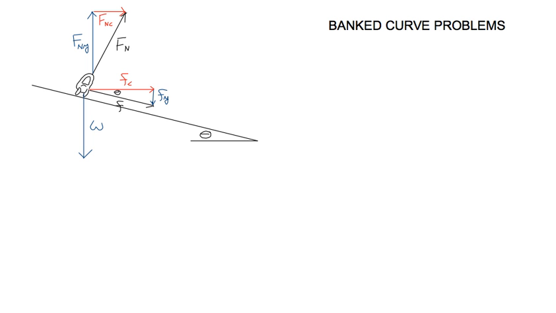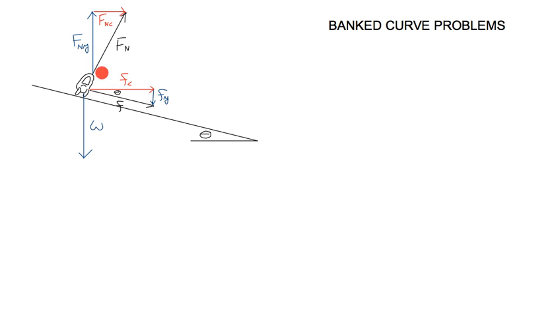Now, if you look over here, I know that's perpendicular to the hill and that's parallel to the hill. So I know that this angle and this angle add up to what? 90. So they are complementary angles. And then if I look at the centripetal component of friction and the y component of the normal force, they also add up to 90.